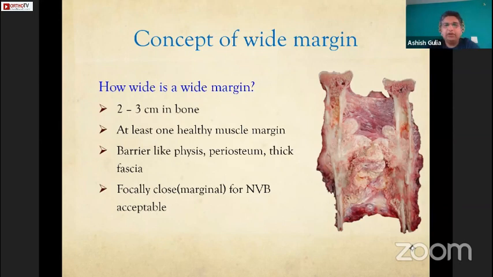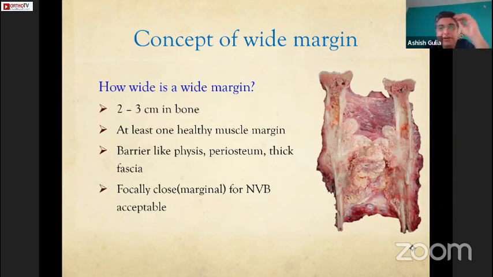This question is again debatable, and all over the globe people have slightly different parameters for defining a wide margin. But if you have to give a ballpark figure, everybody comes to a consensus that when resecting a bone, an additional normal area of 2 to 3 centimeters of bone is expected as a wide margin of resection.